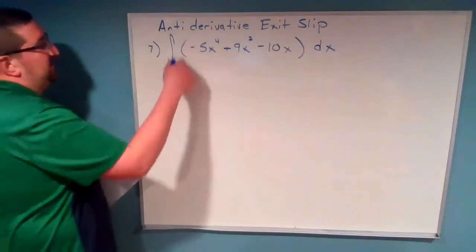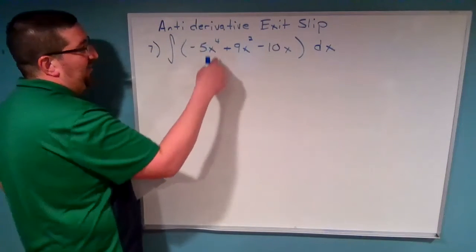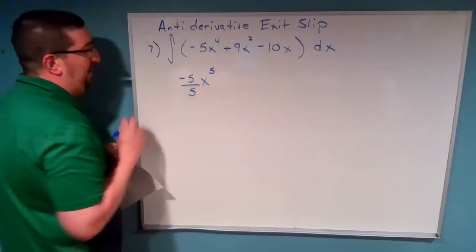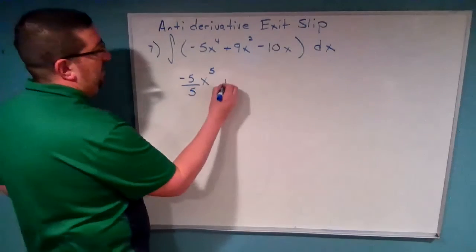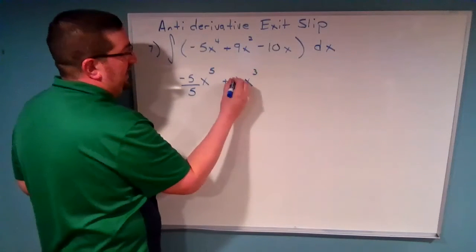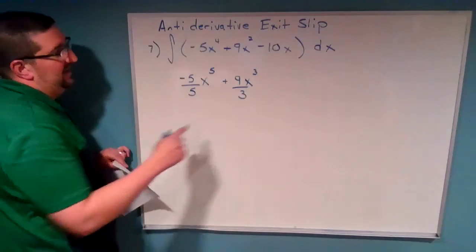We just have to treat these individually, follow that power rule for each, or the reverse of the power rule for each. So this is going to be x to the fifth, adding 1 to the 4, and then dividing by 5. This we would be adding 1 to the 2, and then dividing 9 by 3.